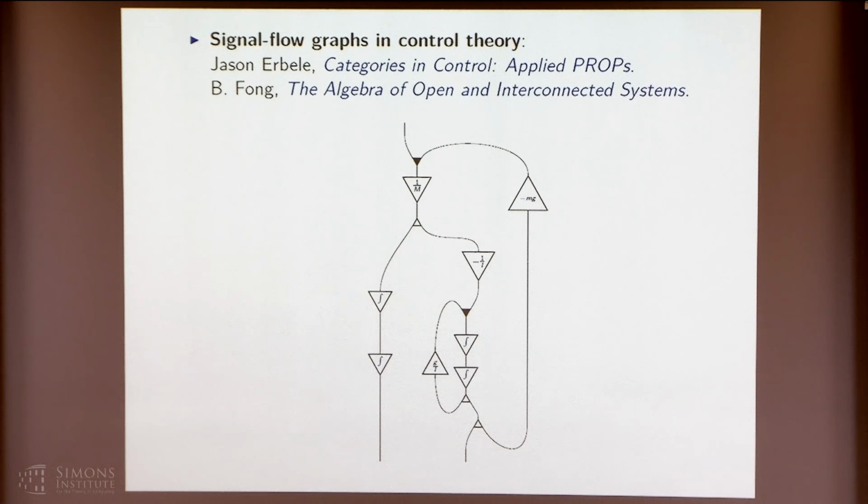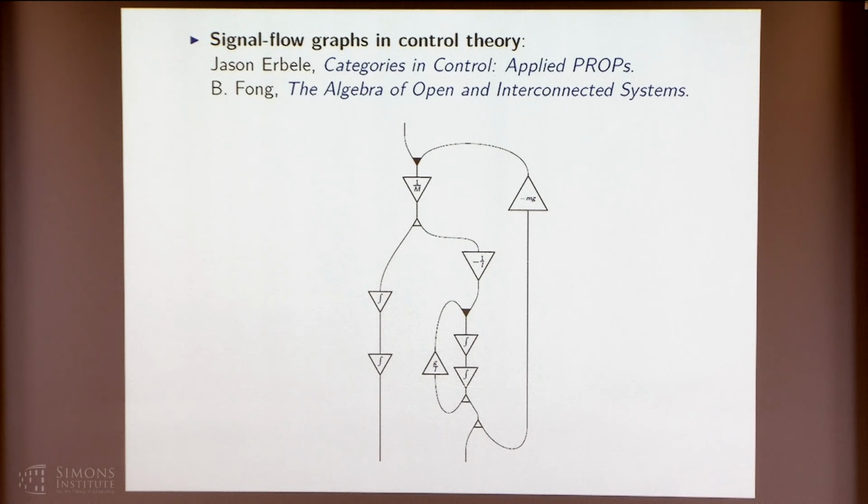People in control theory like to draw diagrams like this where signals, meaning real-valued functions of time, move along these metaphorical wires, and then various things can happen to them. They can get added, which is these black triangles. They can get duplicated, which is this little delta thing here. They can get integrated as a function of time. They can get multiplied by constants and so on.